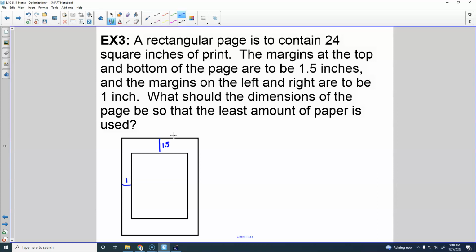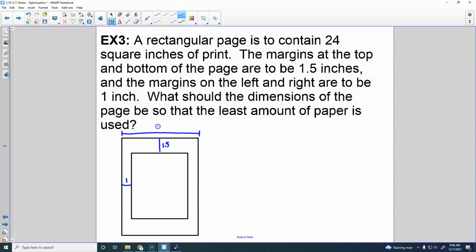But we want to minimize the amount of paper, so that would be the whole sheet of paper. So we really have a couple options here on how we want to do this. We could let the outside of the big sheet of paper be X and the outside of this be Y, right? Or we could let the inside part be X and Y.